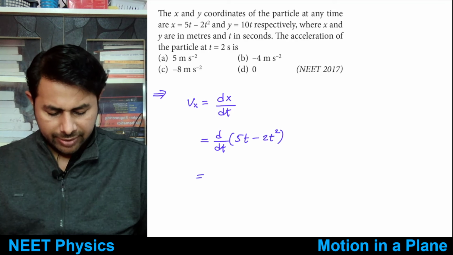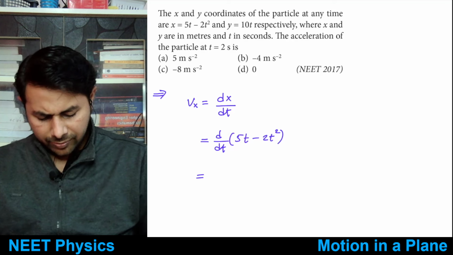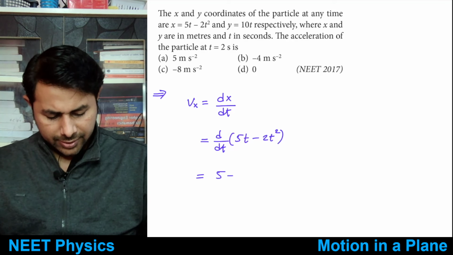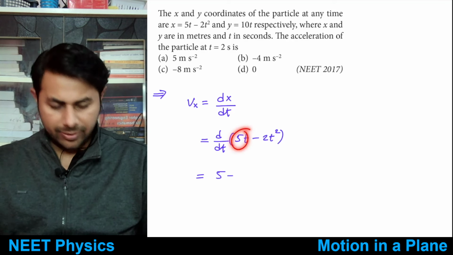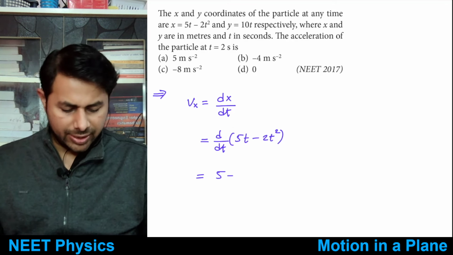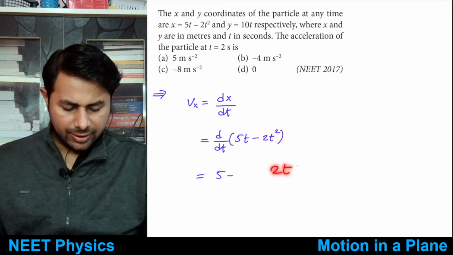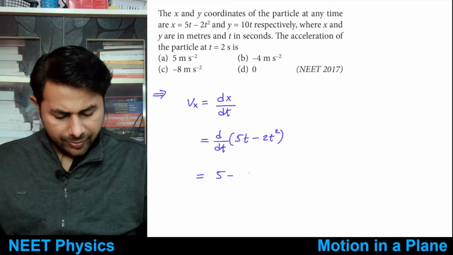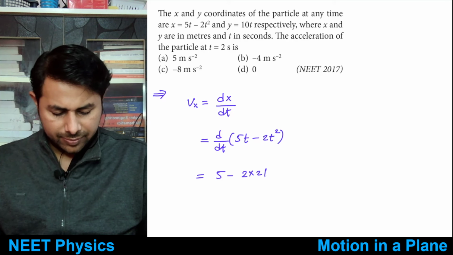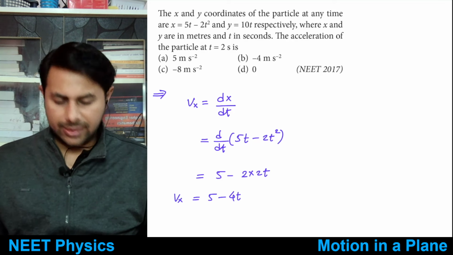The derivative of 5t is 5, and for minus 2t square, the derivative of t square is 2t, so this is 2 times 2t, that's minus 4t. So 5 minus 4t is the velocity in x direction.